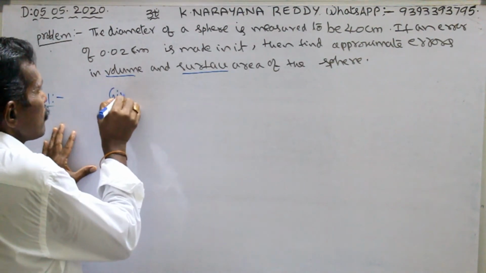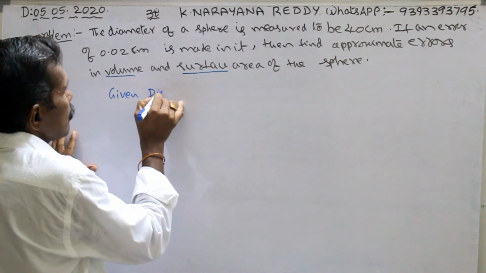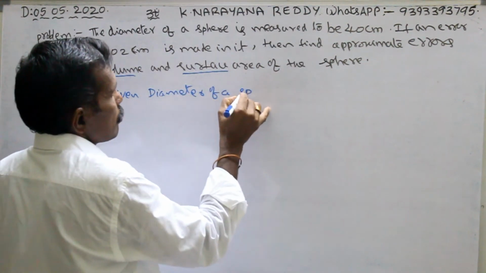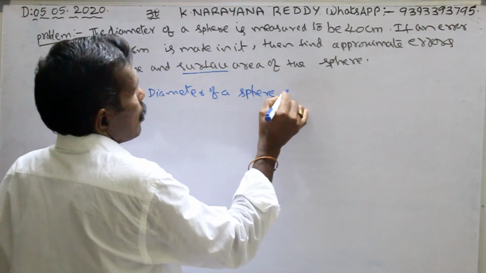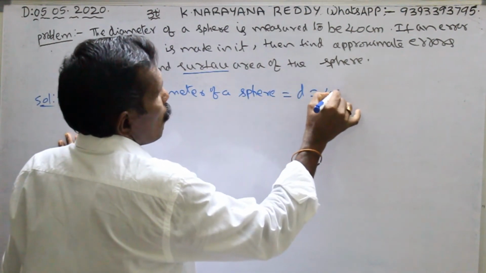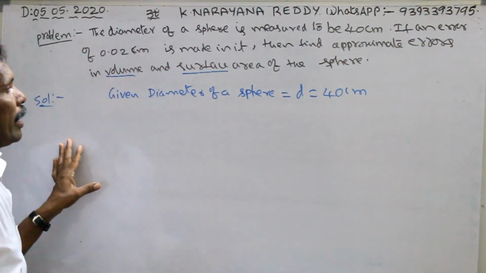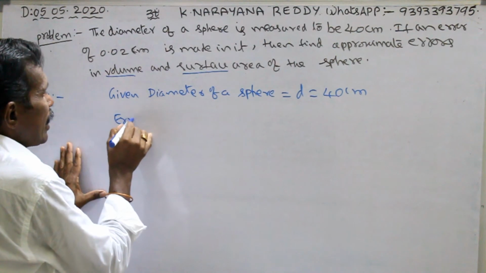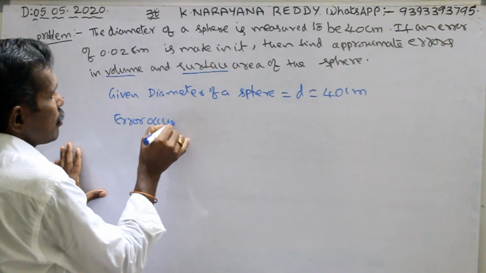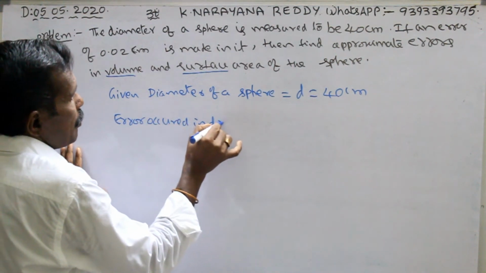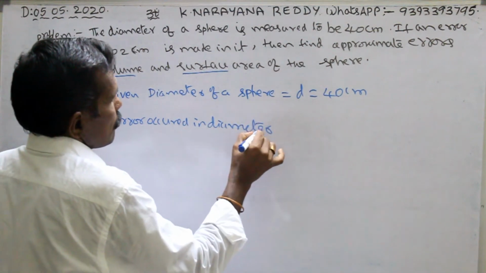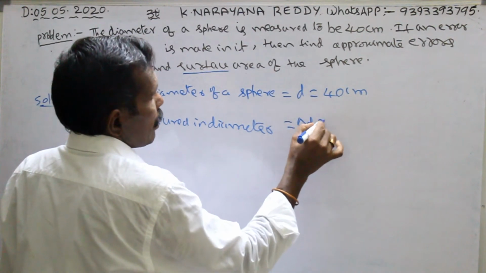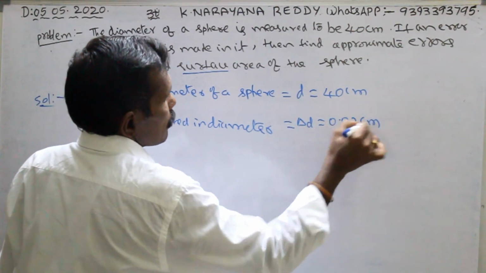Given: diameter of a sphere D equals 40 centimeter. Error occurred in diameter, del D equals 0.02 centimeter.